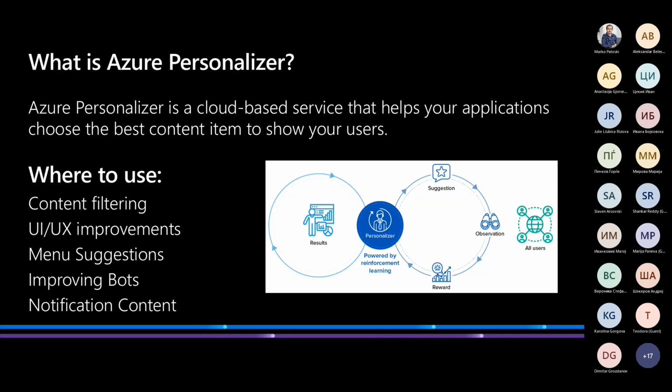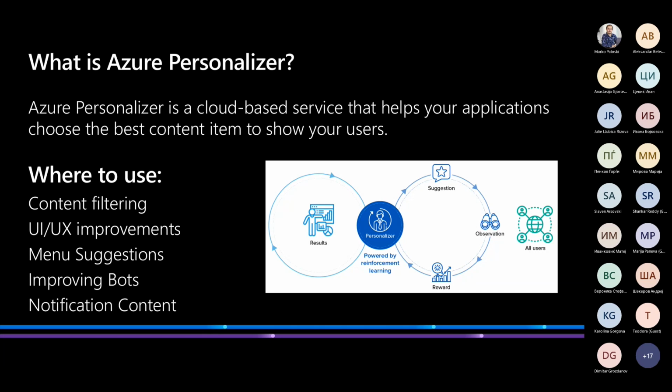Is the user interested in this recommendation? If it was successful, the Personalizer gets a reward. Through this process of suggesting an action, observing the reaction of the user, and getting rewarded depending on whether the user liked the recommended content or not, the service learns through reinforcement learning, and then suggests even more personalized results to the users.